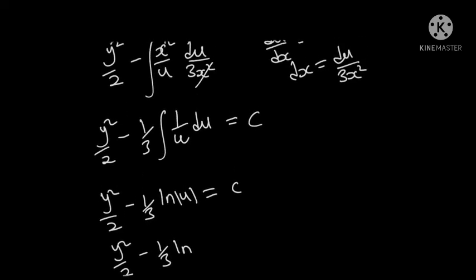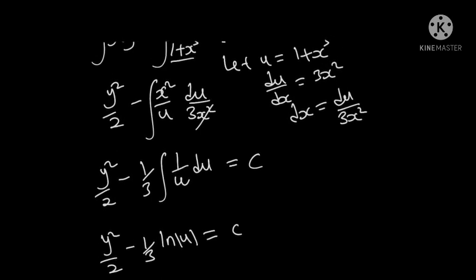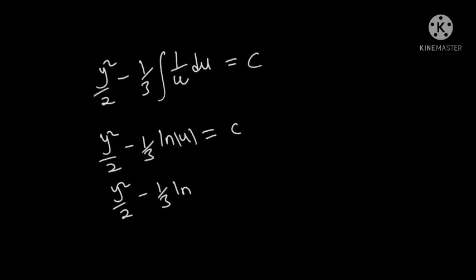But what was u? u was 1 plus x cubed. So y squared over 2 minus 1 over 3 ln(1 plus x cubed) equals c. Now we can multiply all the sides by 6 in order to eliminate the denominators.